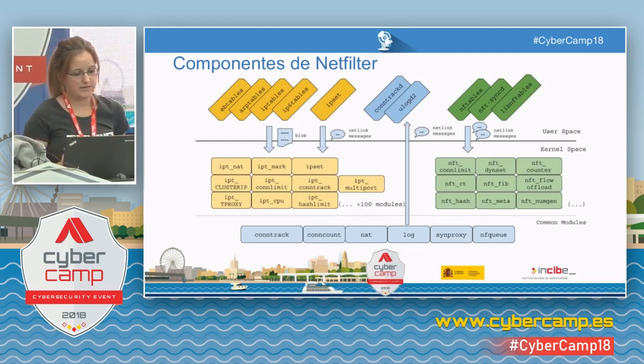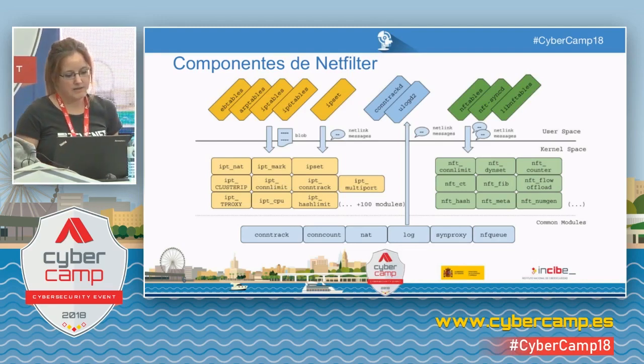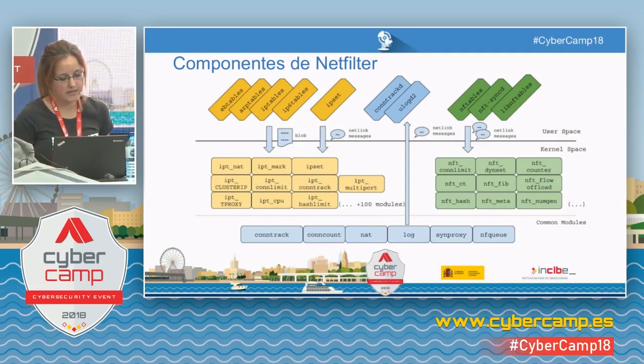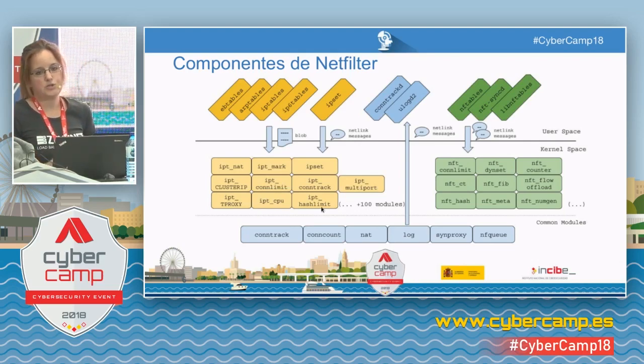And you can see different boxes there for IPT NAT, IPT MARK for flows or packages, IPSET for the setting part, IPT CLUSTERIP for cluster generation or virtual IPs, then connlimit for connection limit, IPT conntrack for matching that, the multiport here for matching different ports, the proxy area so that packages can be dealt with at user space.